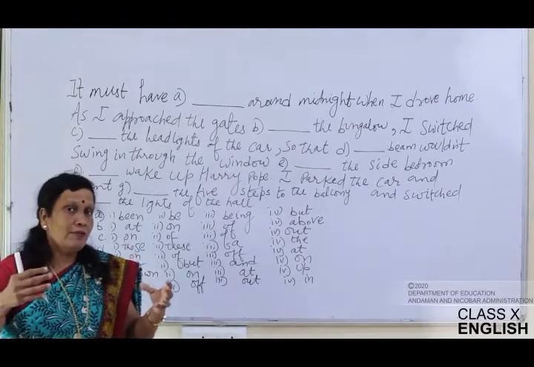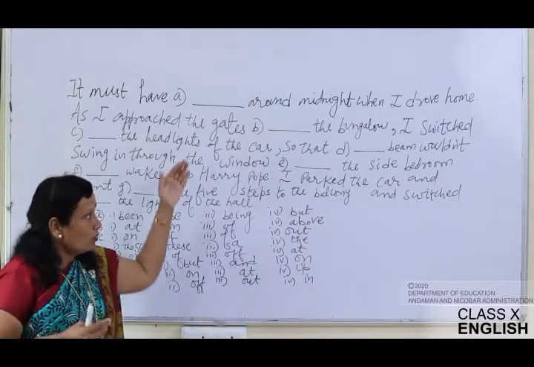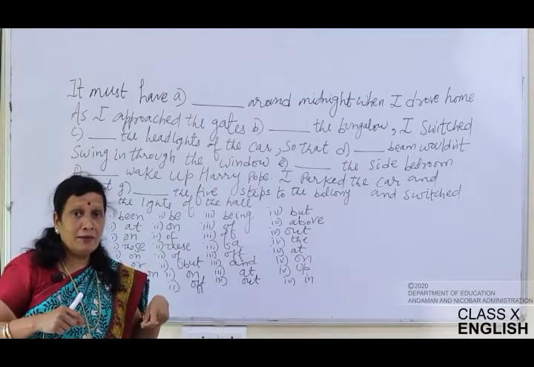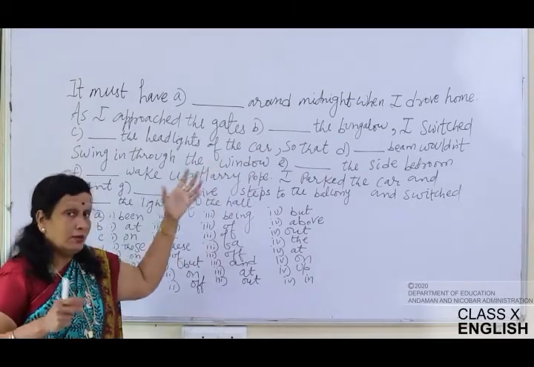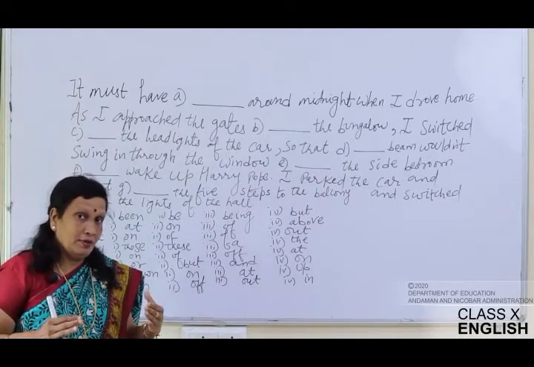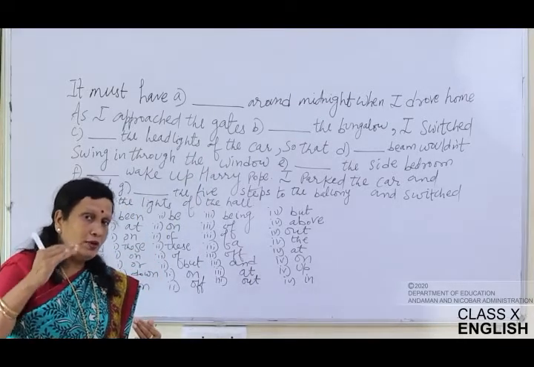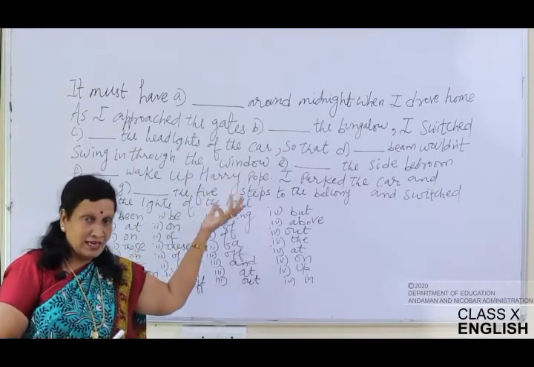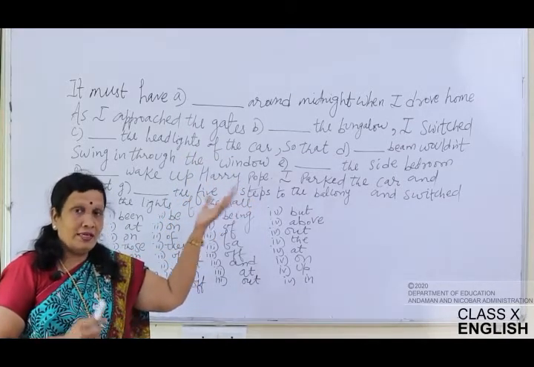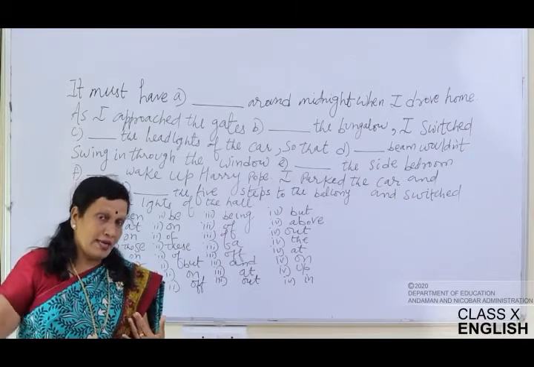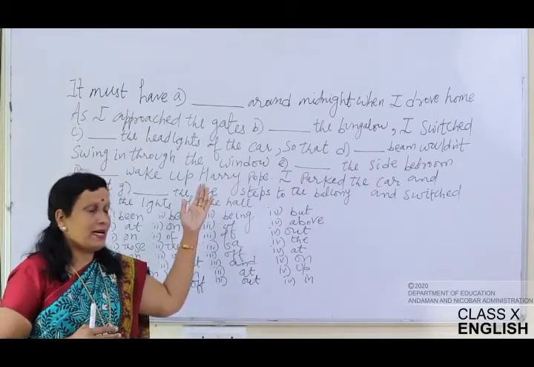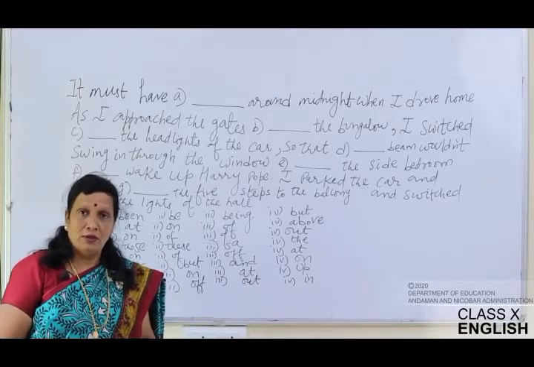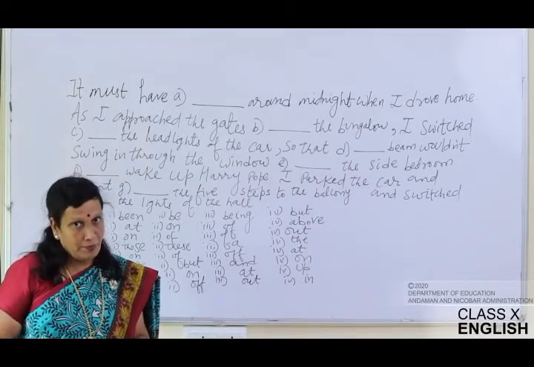Now, once we get this idea of what the passage is about and try to analyze in our mind about the theme, also you try to understand whether it is an event that has already happened or whether the passage talks about some present problem or some future problem, right.